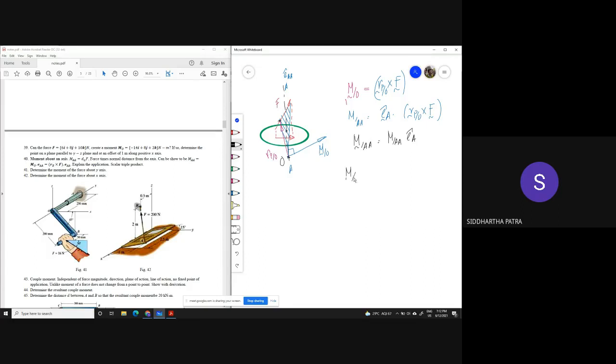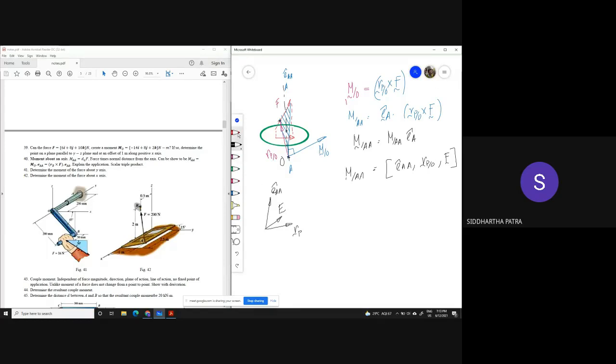The scalar value of the moment is essentially the scalar triple product of these three vectors, and it essentially represents, let's say, if I join the tails of each of the vectors, so this is rp, this is F, and let's say this is EAA.